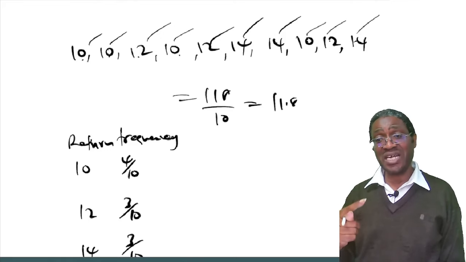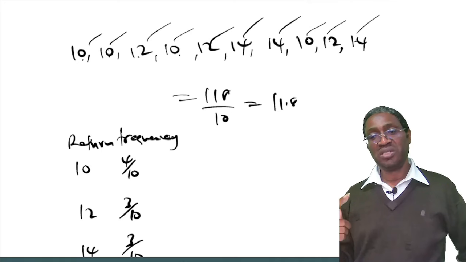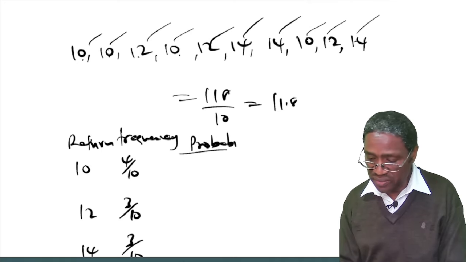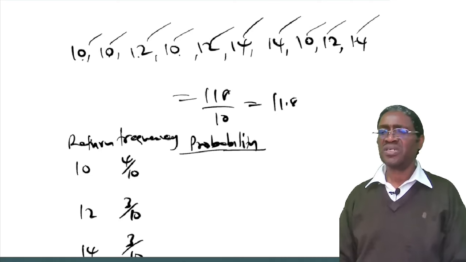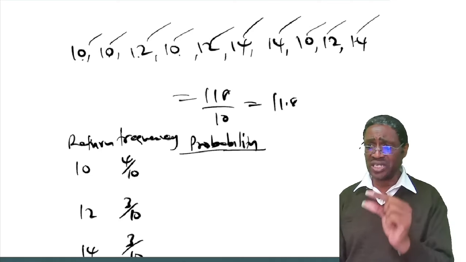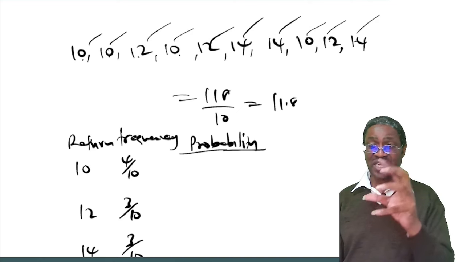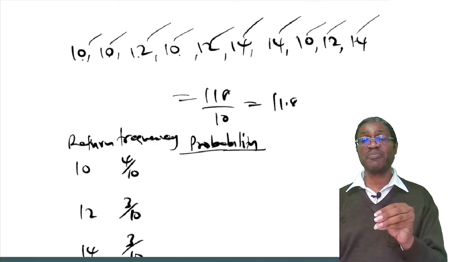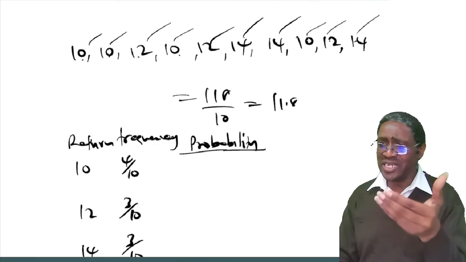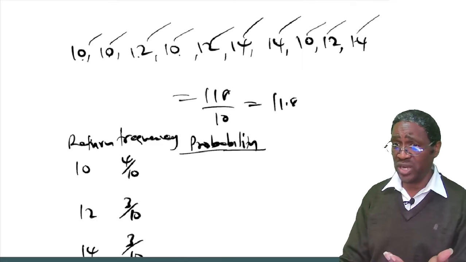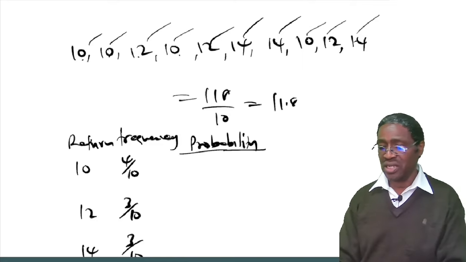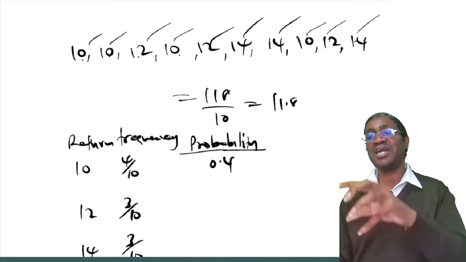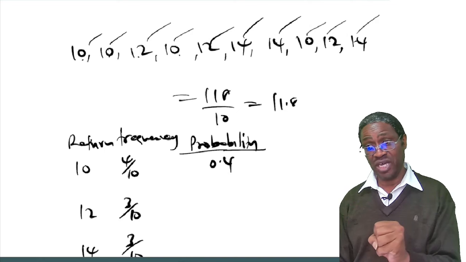So I'm looking for what we are calling probability here. If I got a return of 10% 4 out of 10 times, there is a probability of 0.4. Are you getting? 4 divided by 10, there is a probability of 0.4 or 40% that I'll get a return of 10%. Are you there?